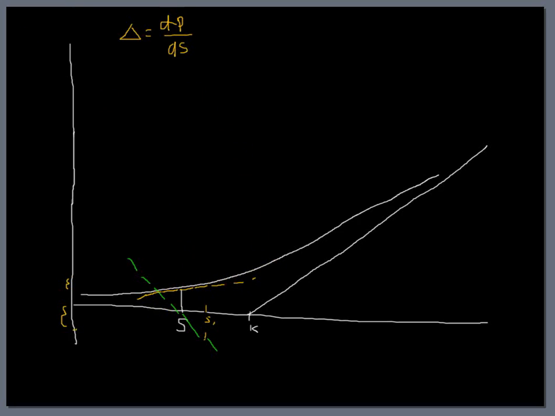So instead of shorting one lot of equity at S, let's try shorting the delta of the option at S of the equity. Let's do that and see the impact.